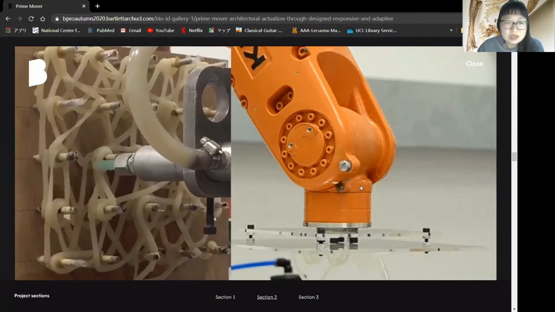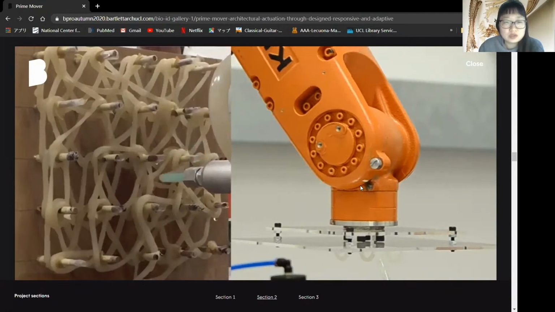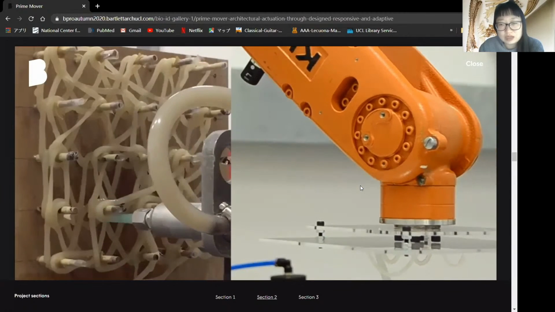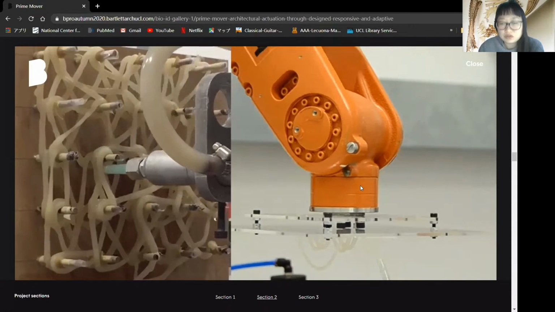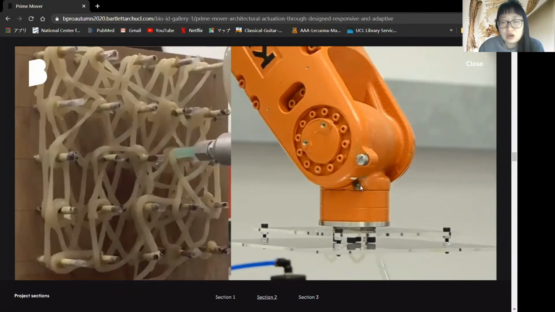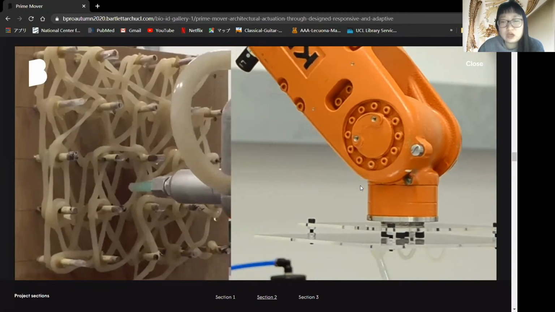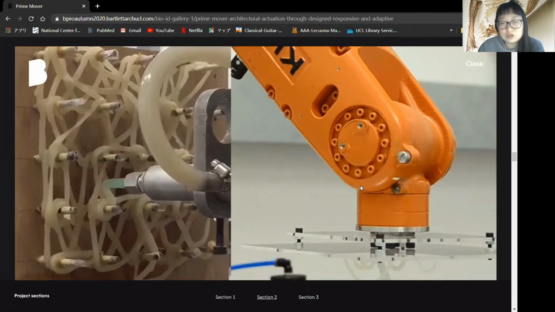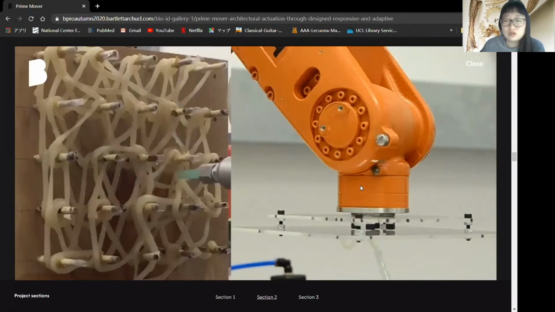So on the left side, it's this woven-based robotic extrusion, and on the right hand, the idea is that after flip the catenary will become, after the chemical reaction, which makes the material a bit more rigid, the catenary will become an arch. So it's kind of like the logic of how Gaudi designed the roof for La Sagrada Familia.